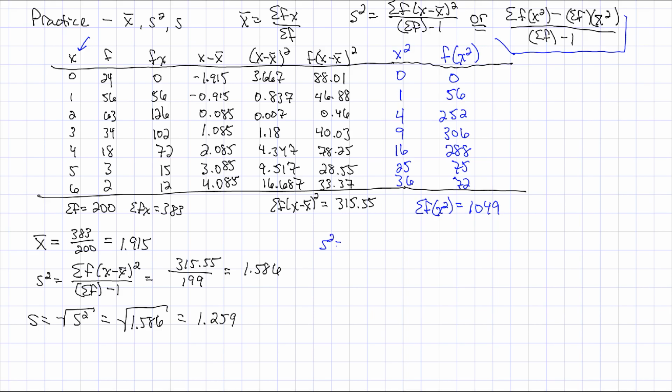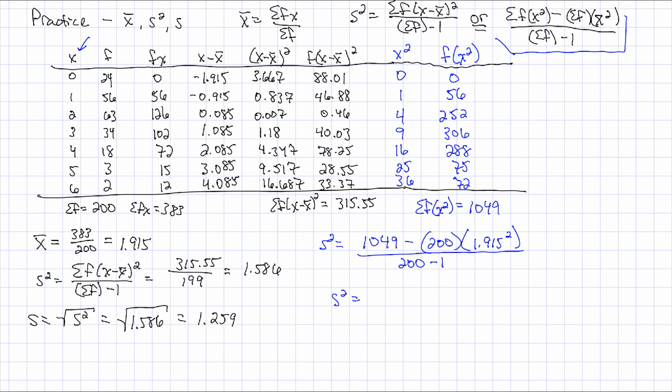So our variance would be 1049, which we just calculated, minus the sum of our frequencies, 200, times our average squared, where our average squared is 1.915 squared, divided by the sum of our frequencies minus 1.